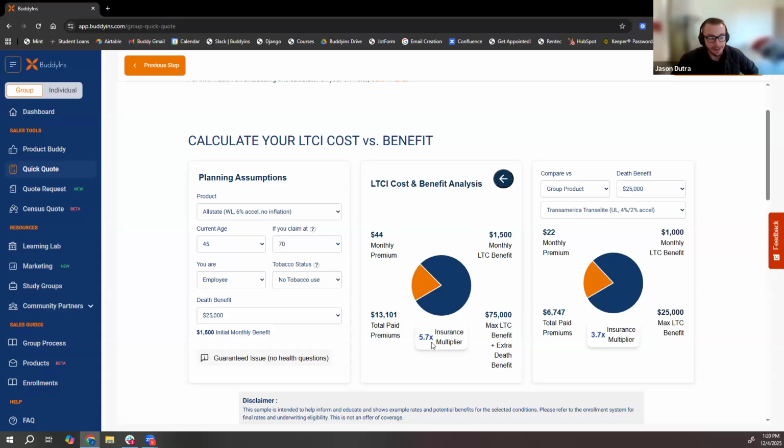Your total benefit's higher. Your insurance multiplier is higher by a pretty big factor. But you look at the costs and you say for a 45-year-old employee, this is half the cost. So an incredibly affordable plan that's going to get somebody access to something that they otherwise would not have access to. Yeah. That can change the way that you think about this plan, right?